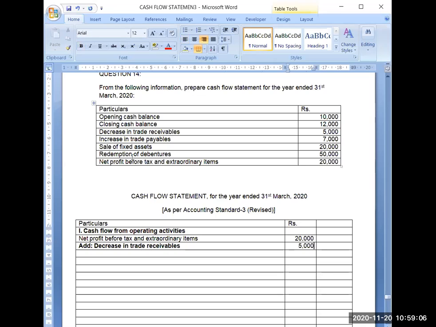Then increase in trade payables is given. Increase in trade payables is also to be added, because an increase in current liability will also be added.